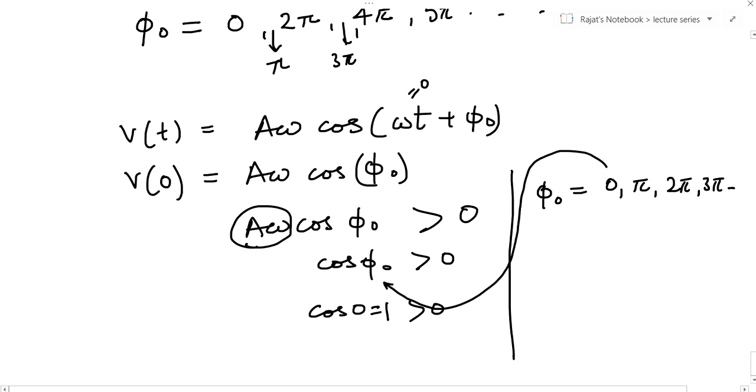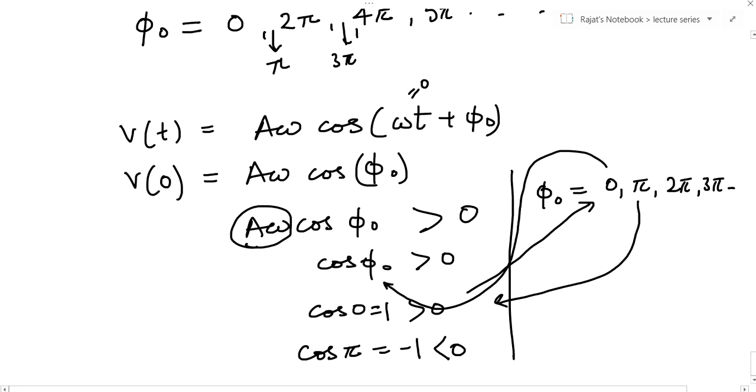So 0 satisfies the condition. If I put phi naught as pi, then I will get cos pi, which is equal to minus 1, and minus 1 is less than 0. So this does not satisfy the condition. So the value that satisfies the condition is 0.